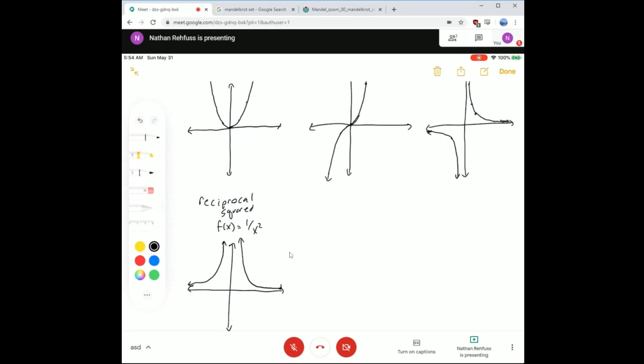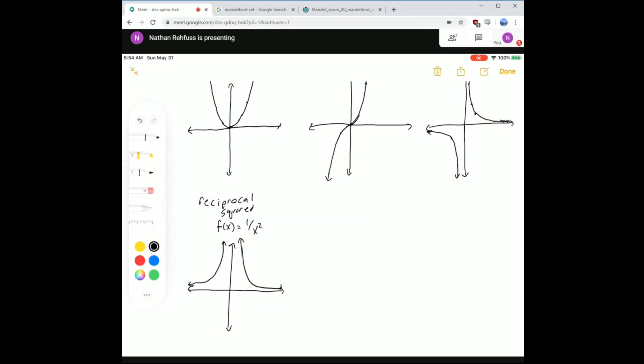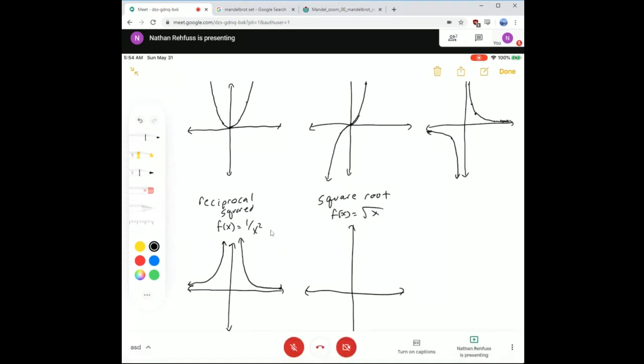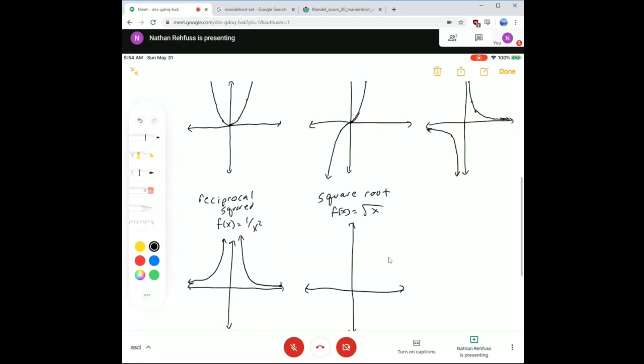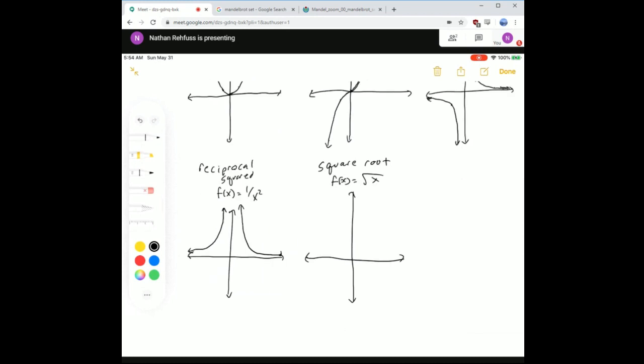Now let's get back to some more normal shaped functions. The last two are the square root and the cube root. So how this works is, remember, when I talk about functions in this class, I mean real valued functions.